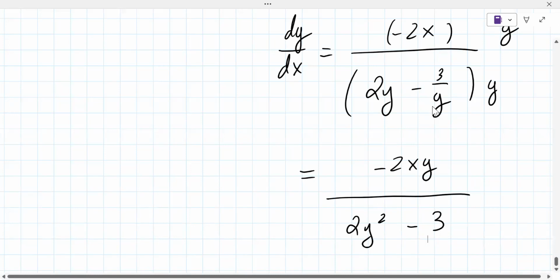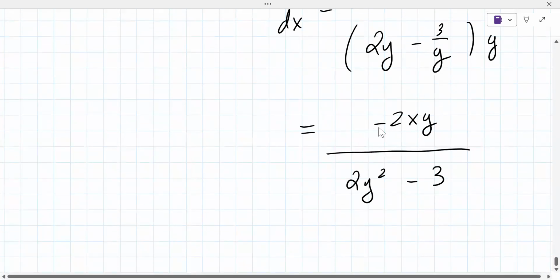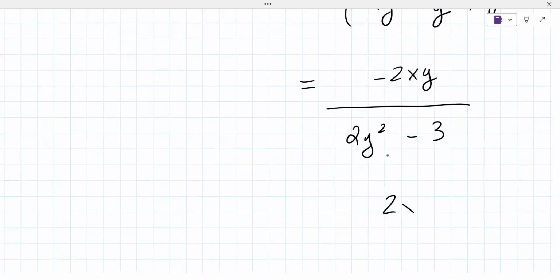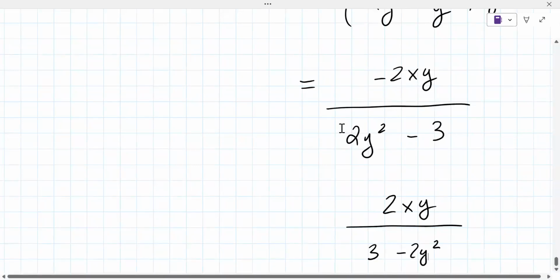Yeah, that makes sense. Okay, now the other thing is that they might play around with the signs, like they could take the negative away from here and put it on the bottom. So it would look like this: 2xy, and then it'd be 3 minus 2y squared, because the 2y squared becomes negative, the minus 3 becomes positive when you move it down because you apply it to both.